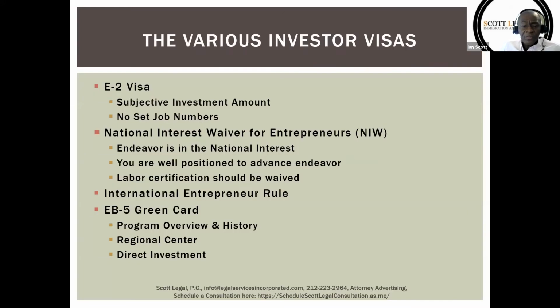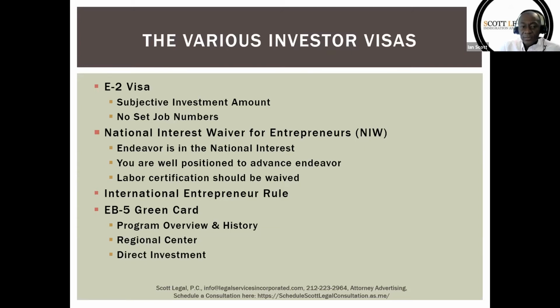So before we jump into the EB-5 program, I just wanted to talk a little bit about the different types of investor visas. The first type of investor visa that I'm going to talk about is the E2 visa. The E2 visa is available for nationals of certain countries.